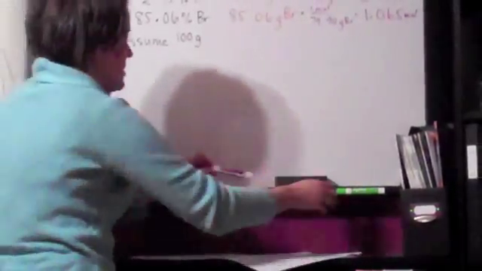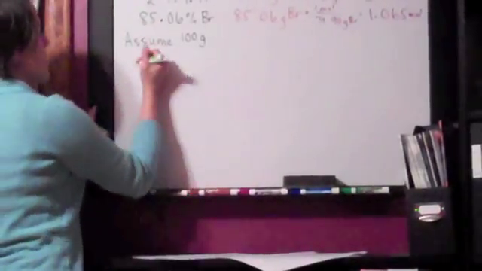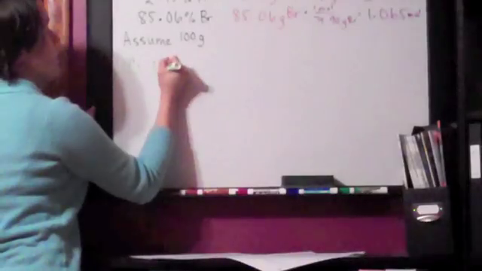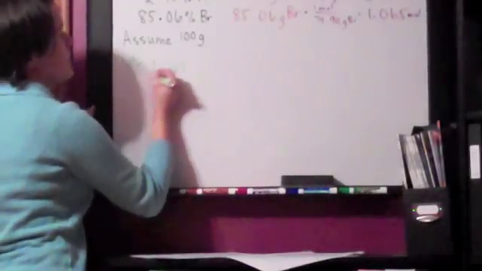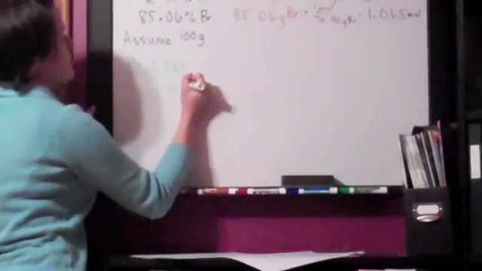So my carbon, we'll write it out just so we all see it. Carbon, 1.065 divided by 1.065 is just equal to 1.